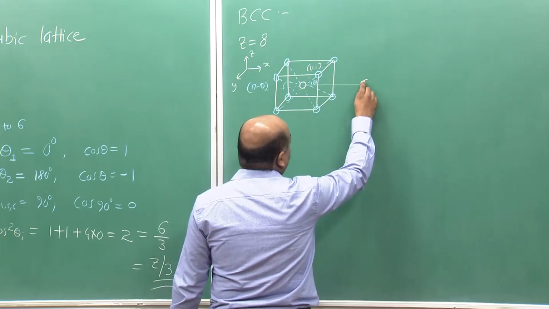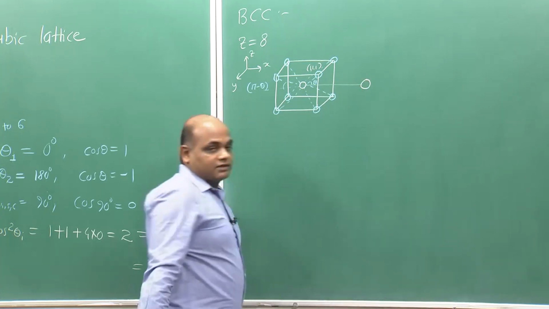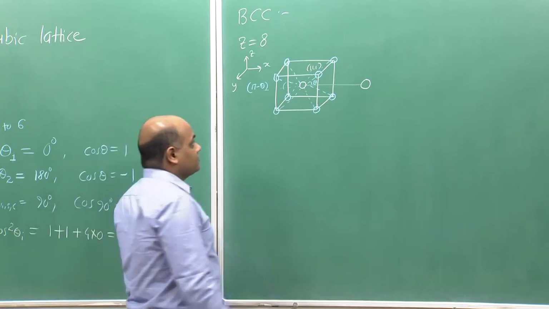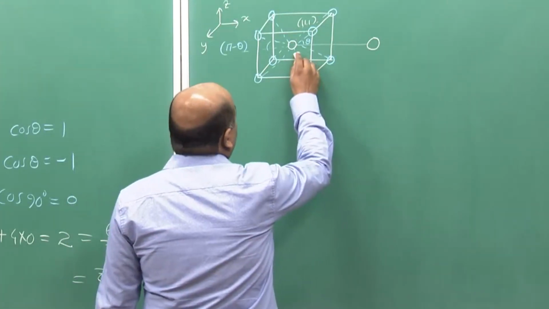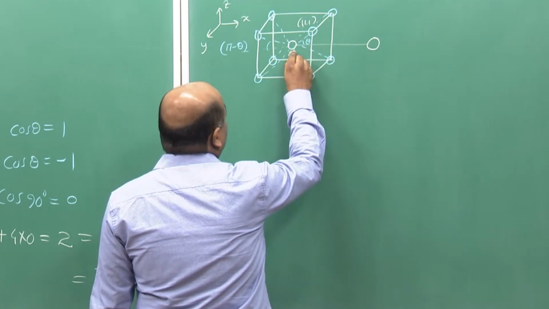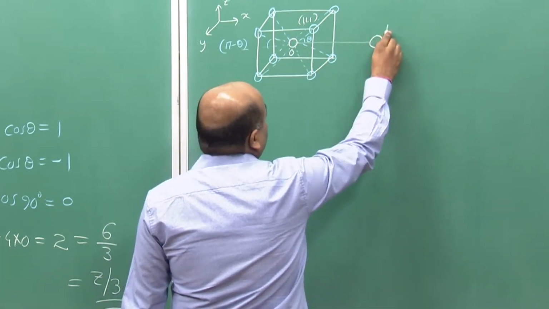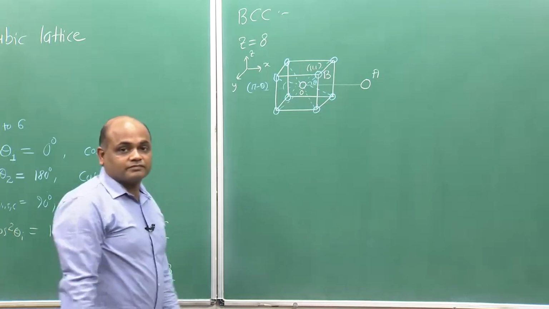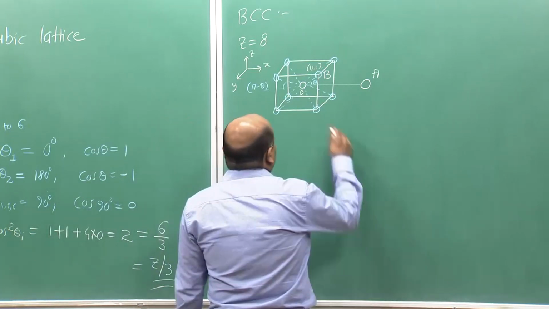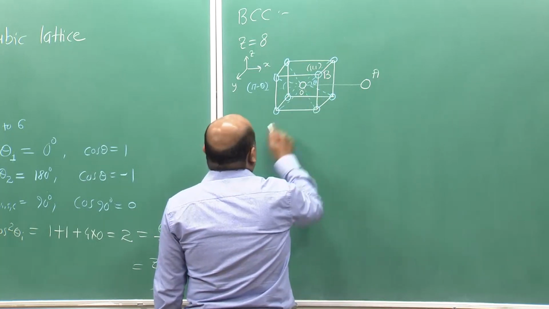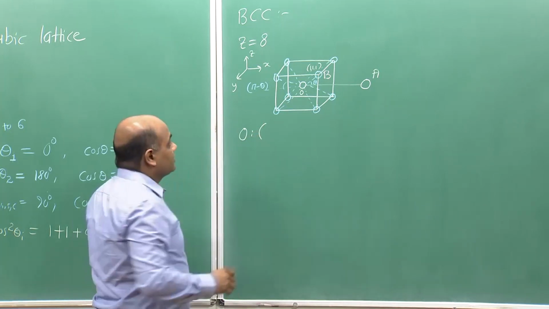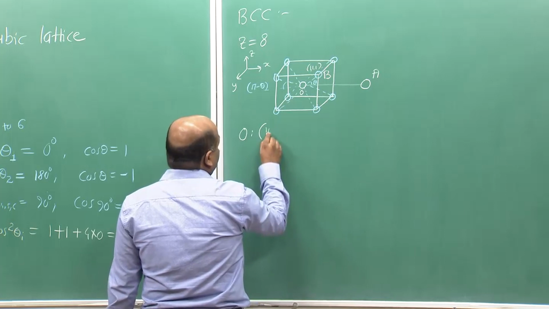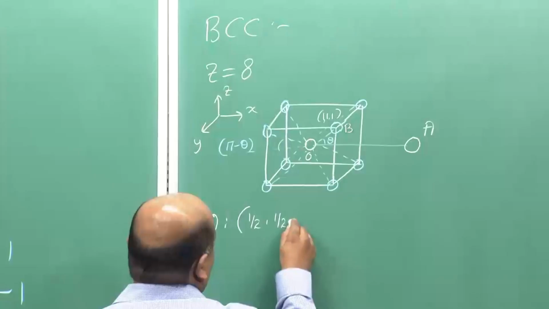Let us try to join this with the body center atom on the next cube. The center atom, let us call this site O, this is A, and this is B. The coordinates for atom O are half, half, half.